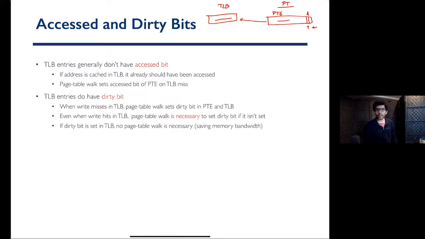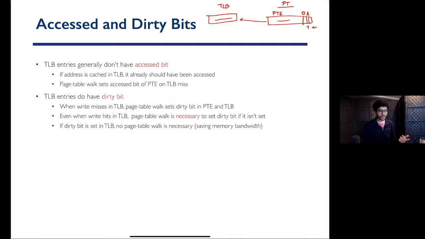How about the dirty bit? If you remember, there was a dirty bit as well here, which was used, again, if your process does a write to a page, then the hardware sets this dirty bit to 1, saying that this page has been written to. Again, a signal to the operating system. When the operating system wants to do paging, it's important to know if a certain page is changed.